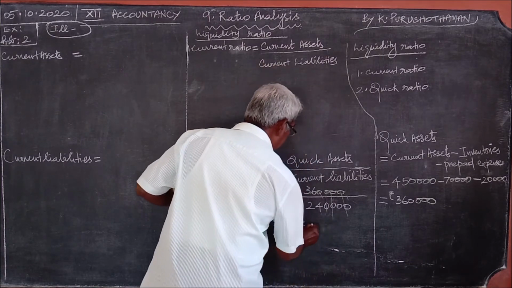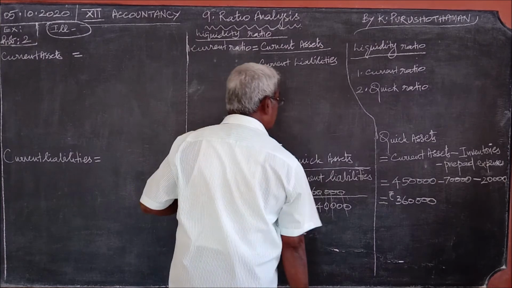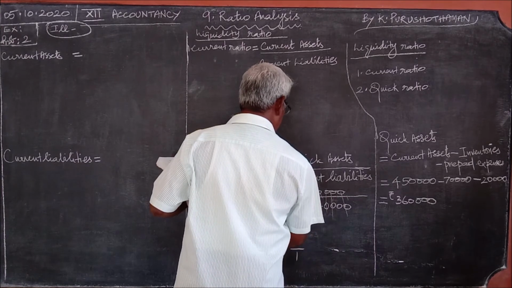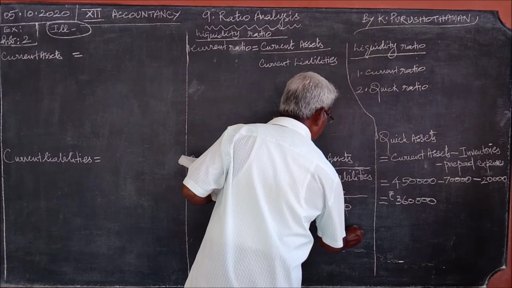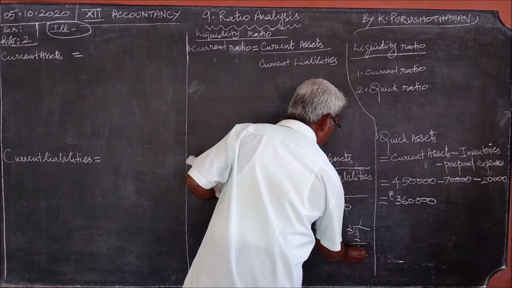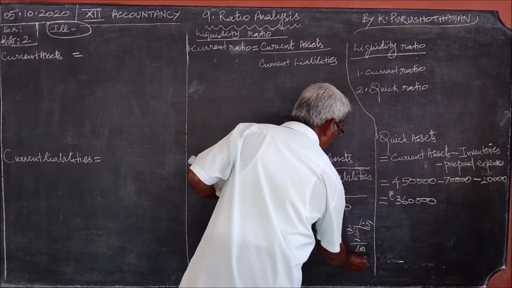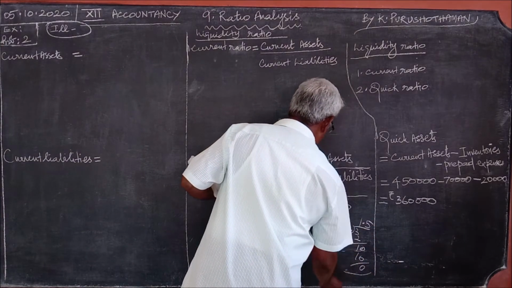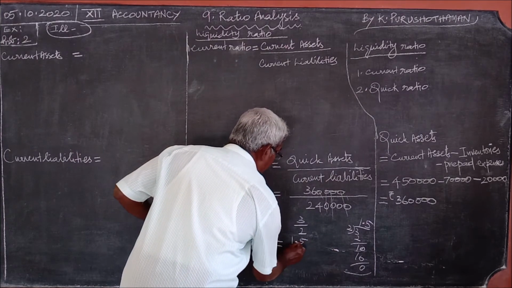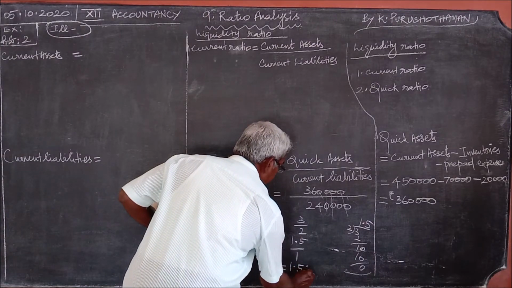Further, if you divide this, 1 2 is 2, and here if you divide 3 by 2, 1 2 is 2, remainder 1, add 1 0, put the point, 5 2s are 10, so 0. So what we should write? 1.5 is to 1, that is 1.5 is to 1.